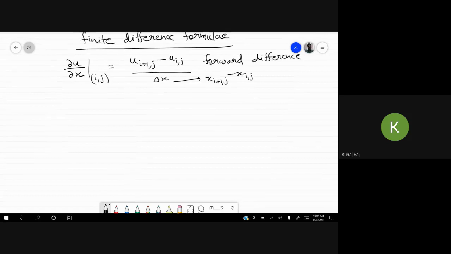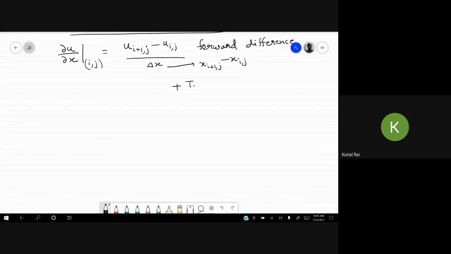And there is some error associated with this. So we can write plus some truncation error here, because this partial derivative cannot be equal to this term on the right hand side. This is only an approximation, and it will get better and better as we decrease delta x.